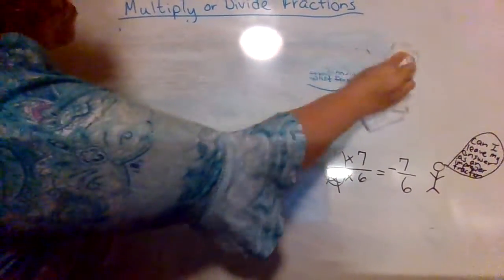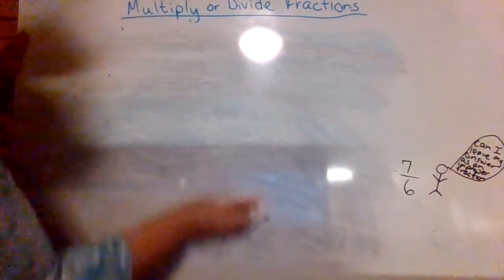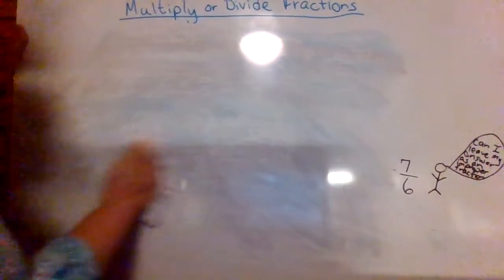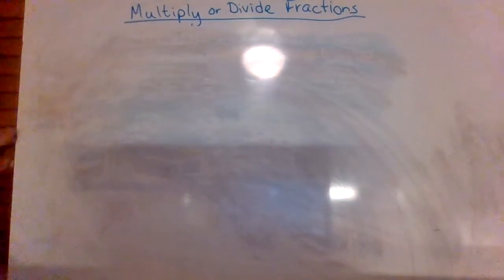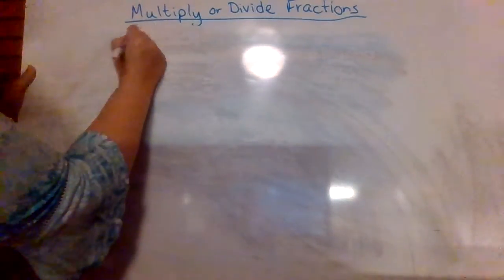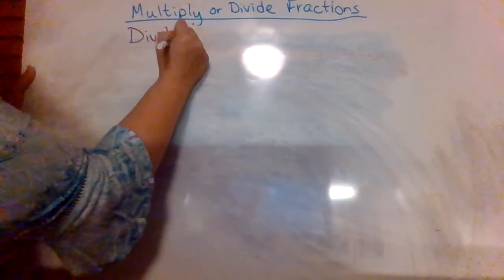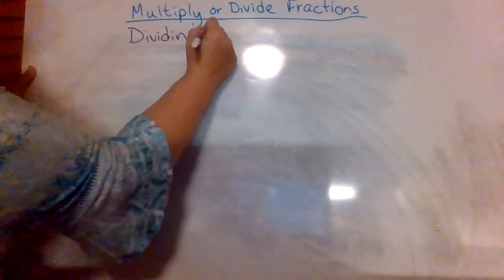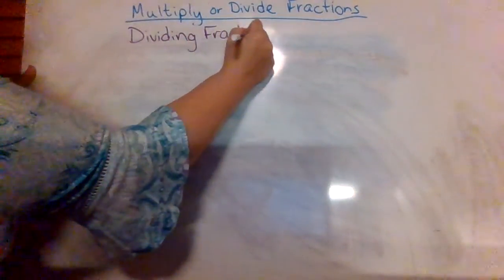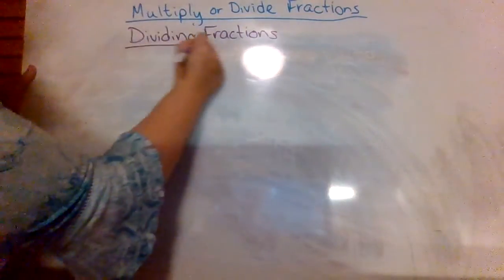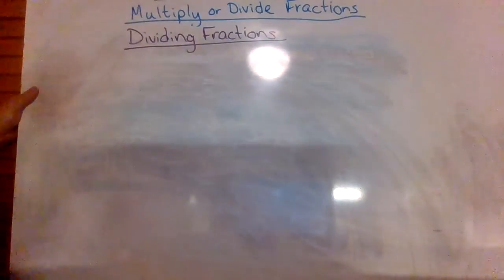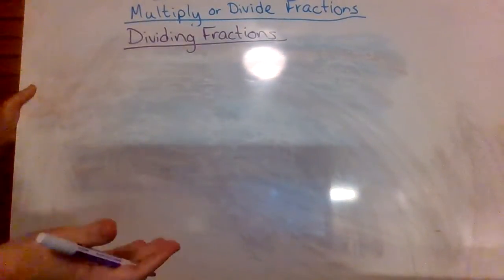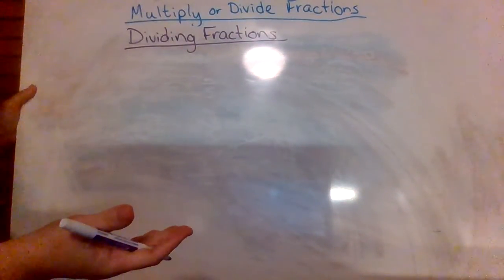Now, dividing fractions is almost identical to multiplying. There's just one little piece that flips on us, literally. It literally flips. So when we're talking about dividing fractions, you're going to convert any mixed numbers into improper fractions, just like we talked about already.